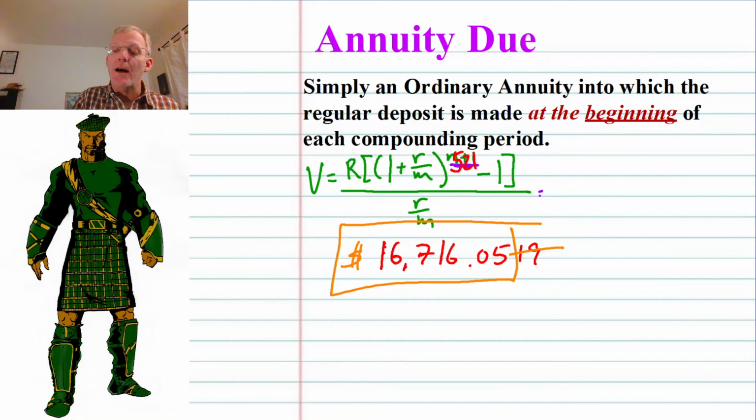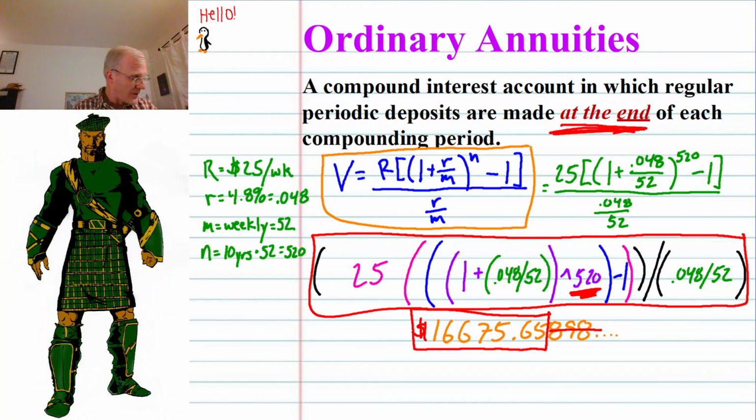Now I want to back up over to this problem here, and I want to really quickly talk about finding the total of all deposits, to kind of recognize how much you earned in interest in this problem. So if we put in $25 each week for 52 weeks for 10 years, what we've really done is we've put in $25 times 52 weeks times the 10 years.